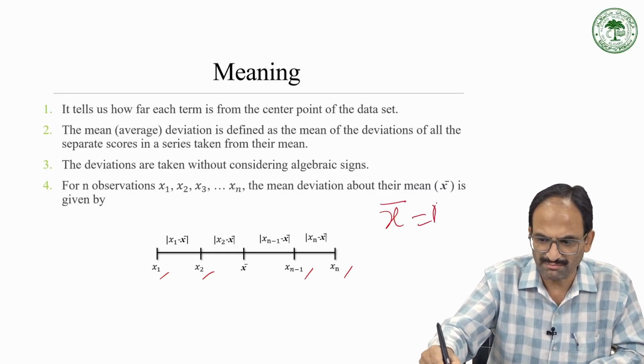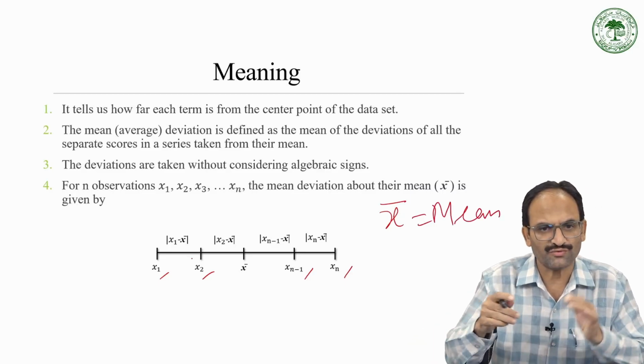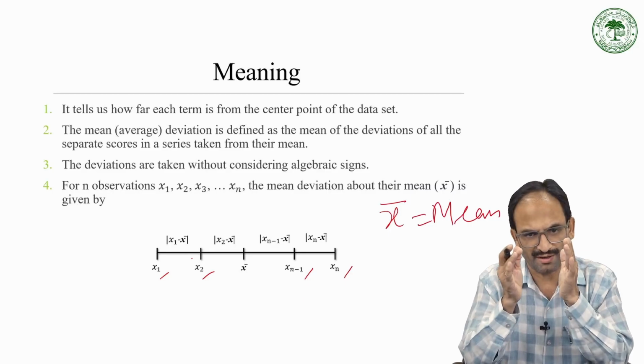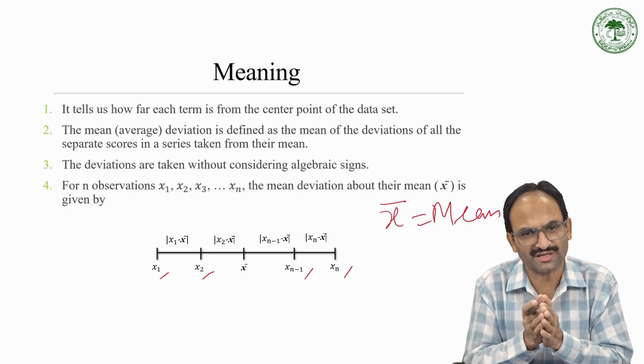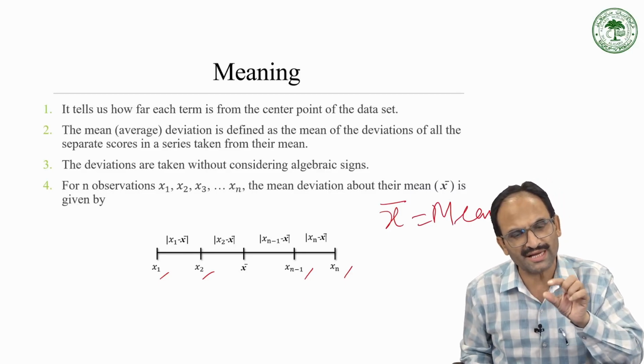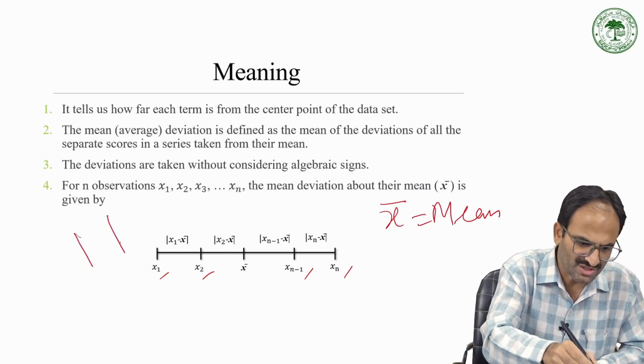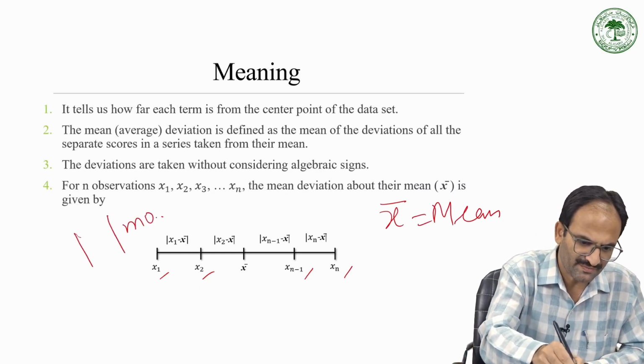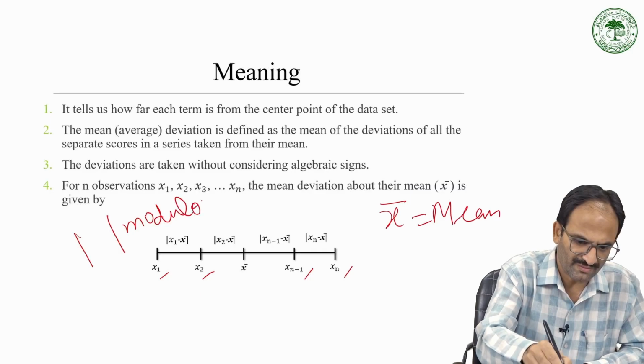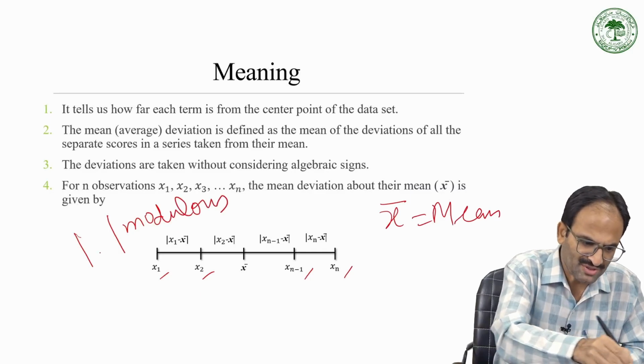Then for the first one you will calculate the difference by subtracting the mean from that score, and this mod value is known as the modulus or absolute value.